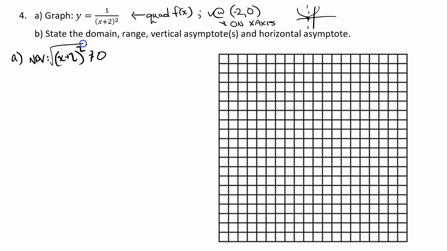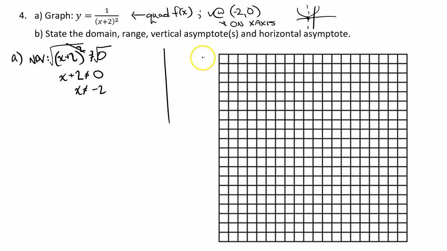I take the square root first because it is outside of the brackets, peeling it away to get at the guts. Square root of 0 is 0, so that keeps things nice and simple. So x cannot be -2, which is what I saw up here as well.